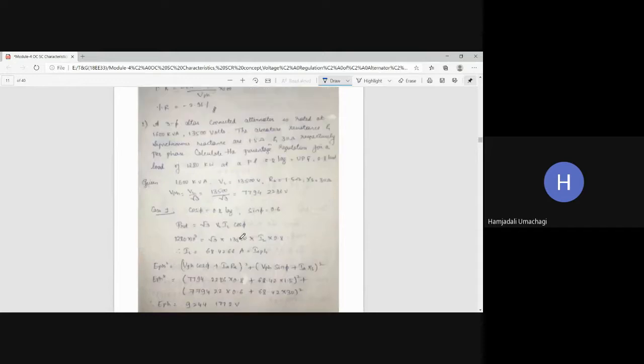The given problem here: a three-phase star-connected alternator is rated at 1600 kVA. So the alternator kVA rating is 1600 kVA, and the voltage is 13,500 volts. This is the line voltage. Then the armature resistance and synchronous reactance are RA value 1.5 ohms and XS value 30 ohms respectively per phase.